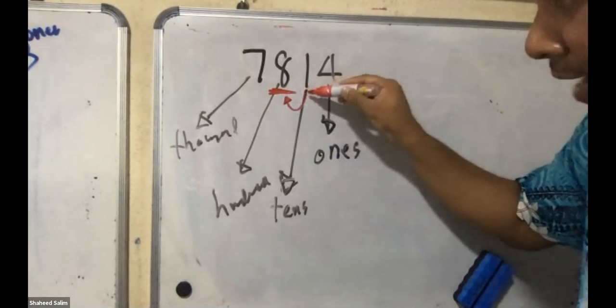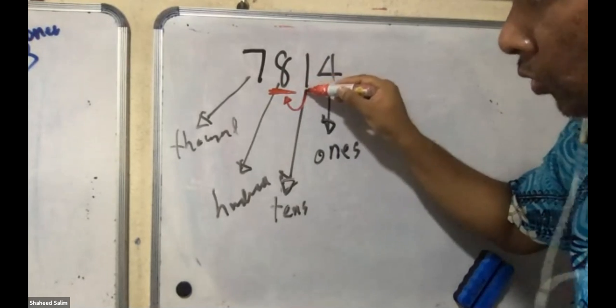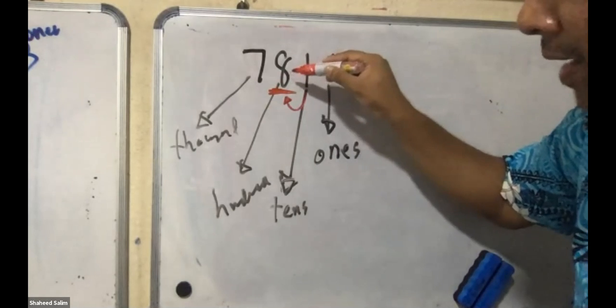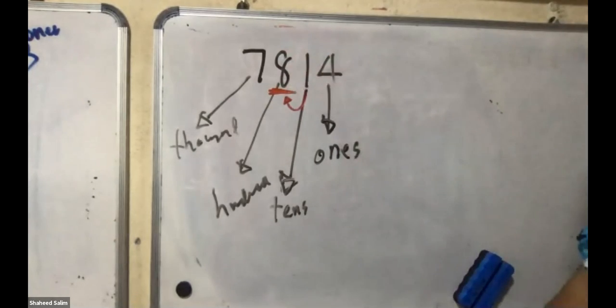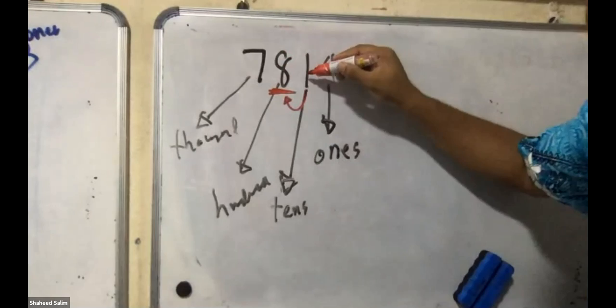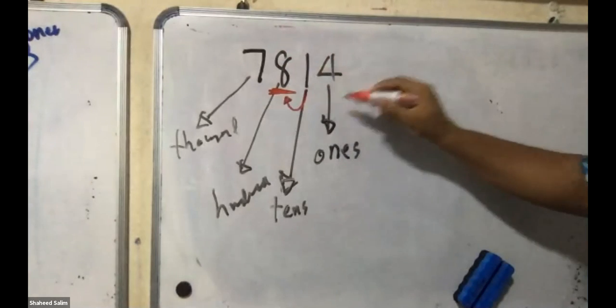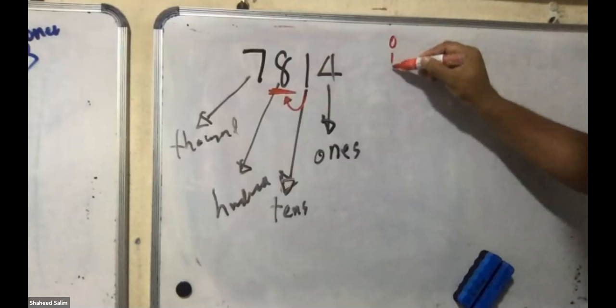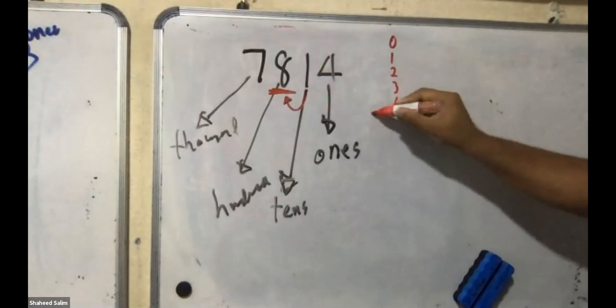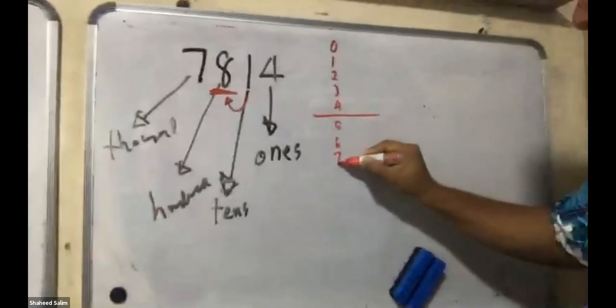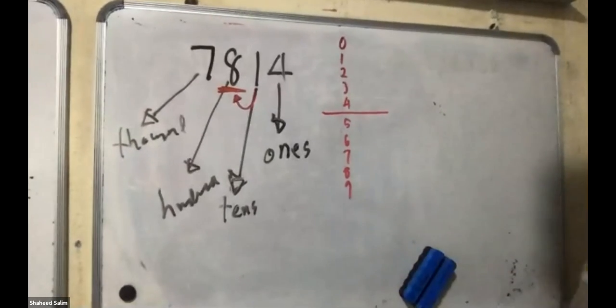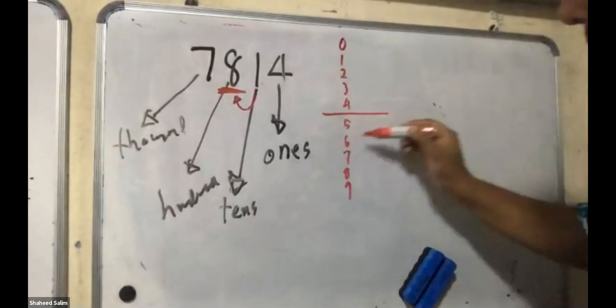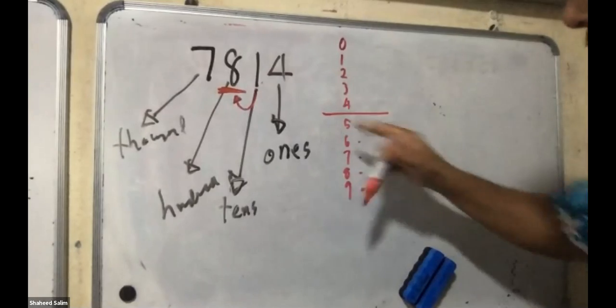This digit on the right of it is going to tell you what this digit is going to be. Now, in rounding off, there's two categories of numbers. 0, 1, 2, 3, 4, 5, 6, 7, 8, 9. If this digit down here is 5, 6, 7, 8, 9, you must plus 1.